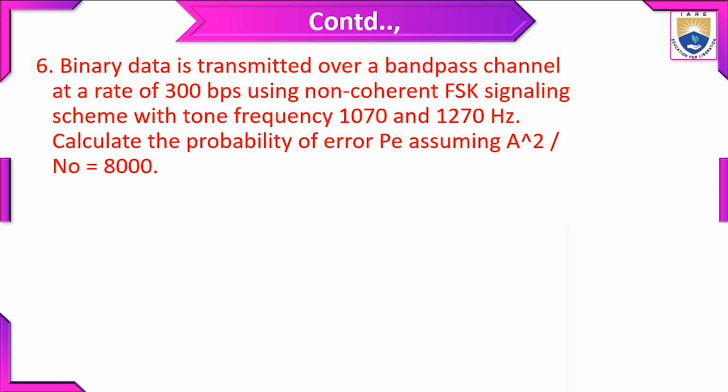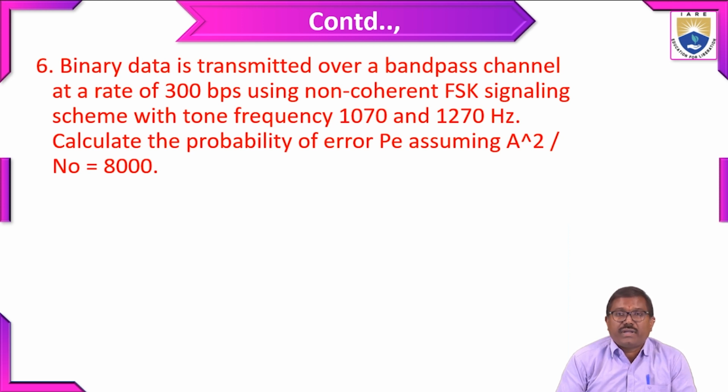Coming to the sixth one. Binary data is transmitted over a bandpass channel at a rate of 300 BPS using non-coherent FSK signaling scheme with tone frequency 1070 and 1270 Hz.